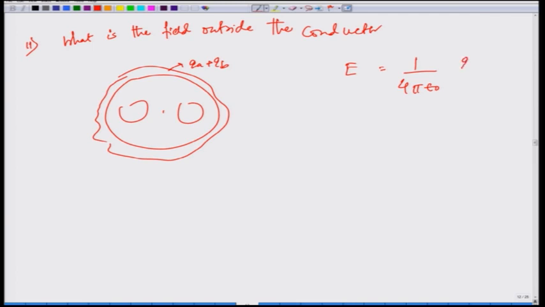So in this case Q total is QA plus QB, by R square, R cap, for R greater than R. The third part of the question says, what is the field within the cavity?